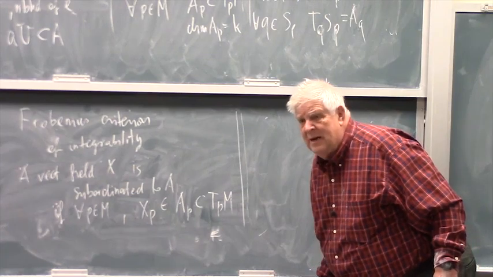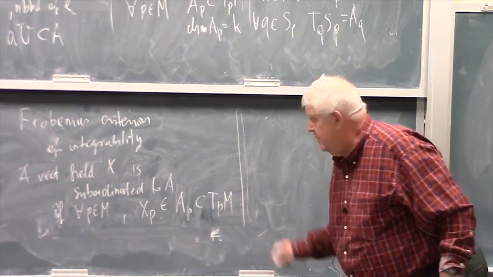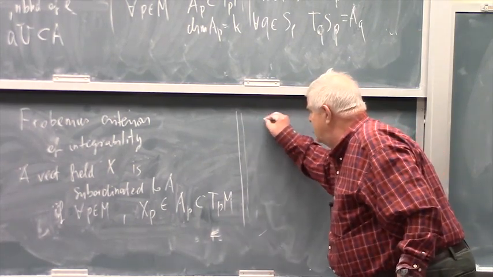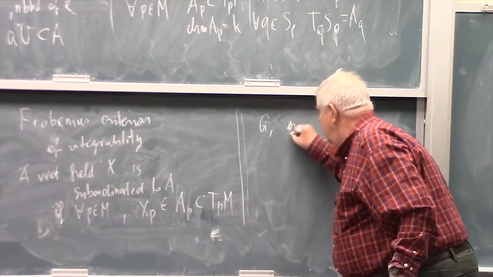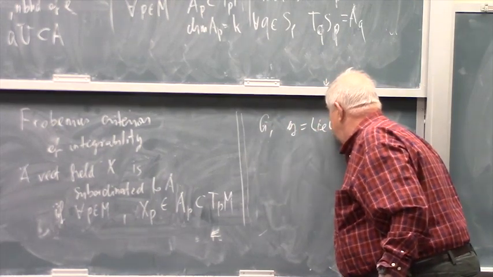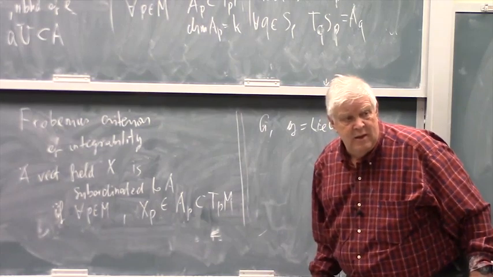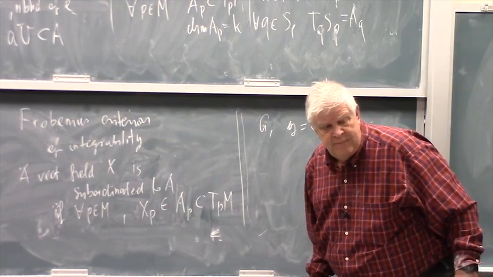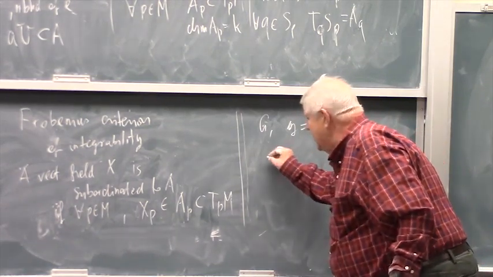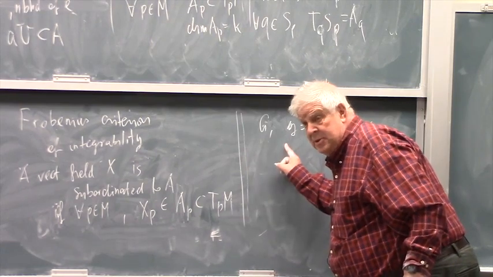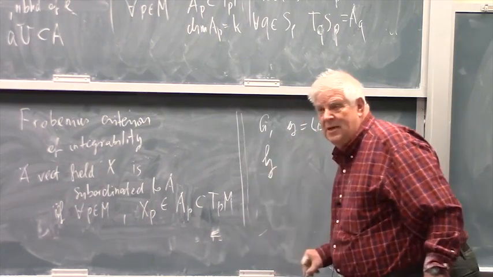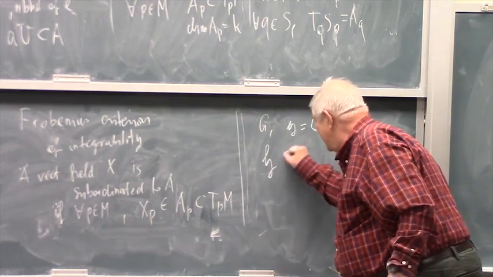So we prove a part of theorem B. Suppose that we have a Lie group G with Lie algebra g. Then we take any Lie subalgebra h in g.